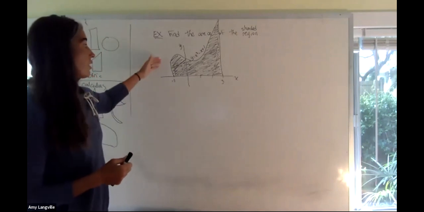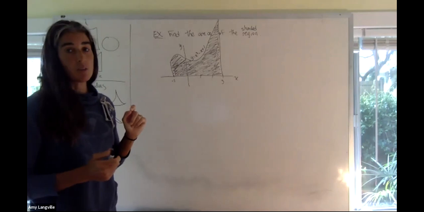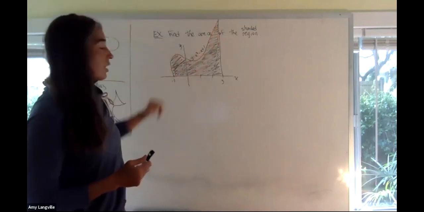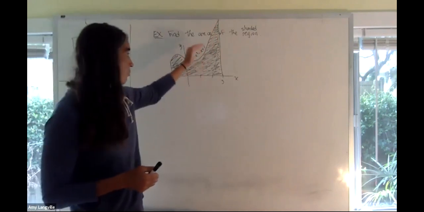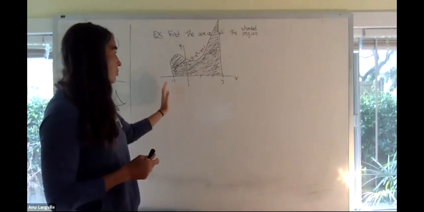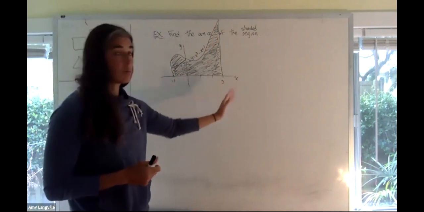Okay, so let's take a look at this one. A couple of properties that we notice right away is that there is this function, y equals x cubed minus x plus 1. And then we shade from that function to the x-axis. And then we go between some bounds along the x-axis. So we go from x equals -1 to x equals 3.